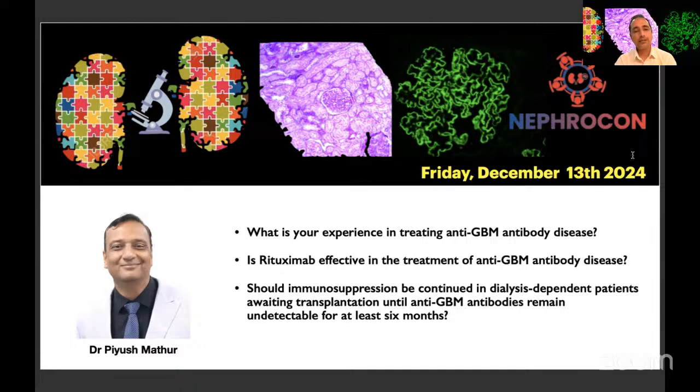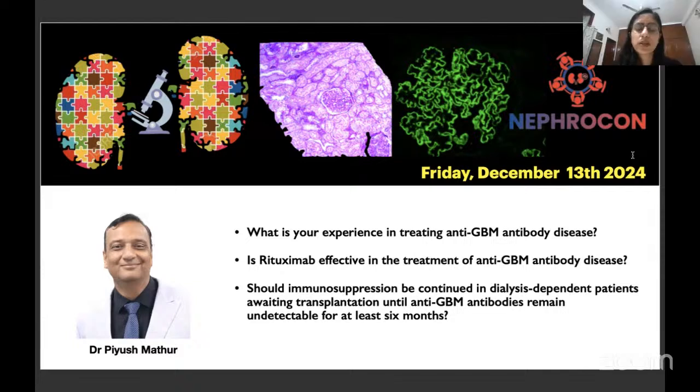So Dr. Anisha, do you expect anything new to come up in treatment resistant anti-GBM disease if someone does a redo biopsy? Do you expect something apart from the rise in interstitial fibrosis? Not really, sir. First of all, these are very rare cases. We generally see maybe one or two, maximum three or four in a year.